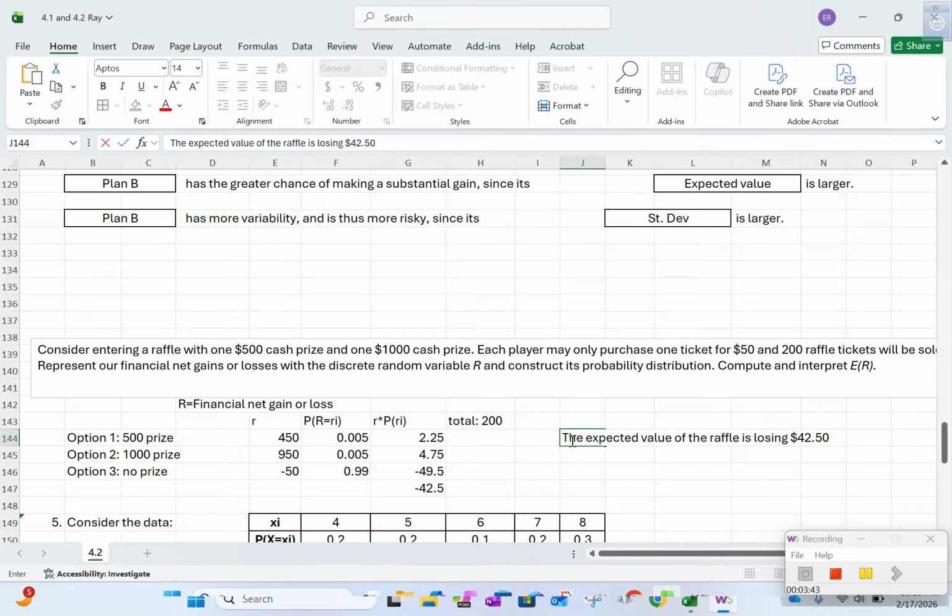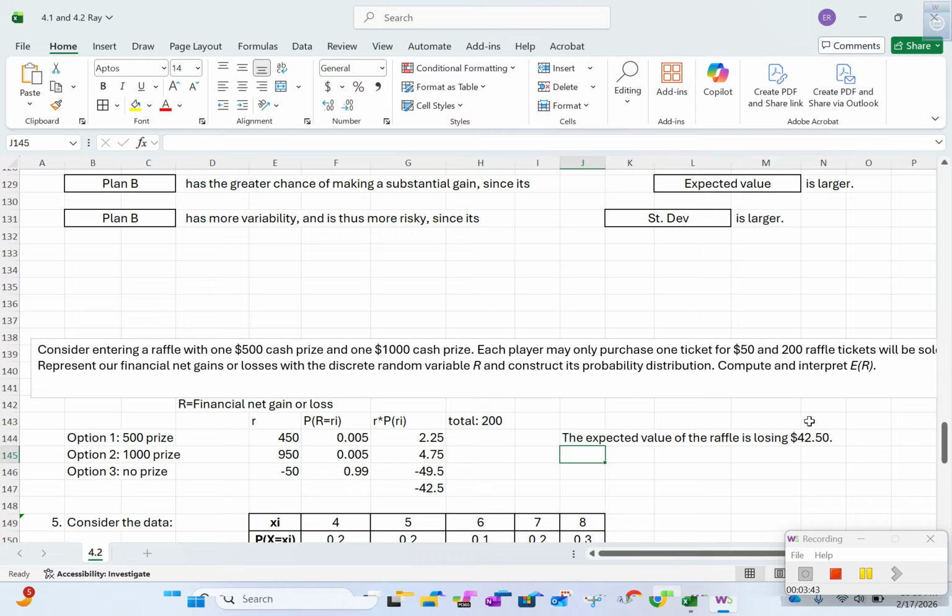$42.50. Now, I'm going to tell you anything dealing with a raffle or a lottery or casino games will likely have an expected value that's negative. The purpose of a raffle is usually for a fundraiser. They entice people to buy it by offering these big prizes, but they also know that most people will not win those prizes.